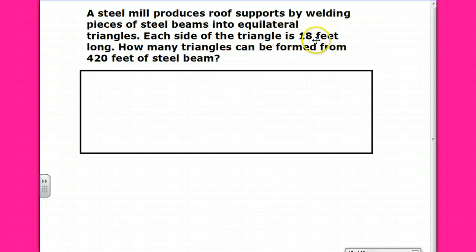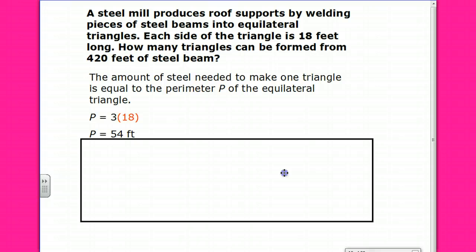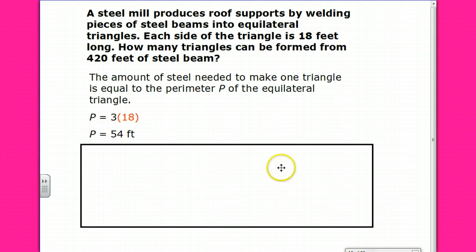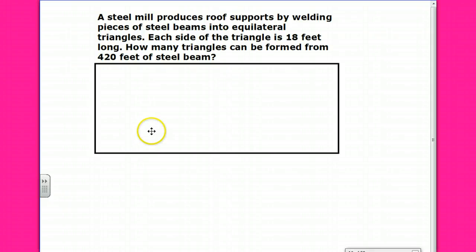All right, so if each side of the triangle is 18 feet long, then how much steel would be needed to form a single triangle, right? That would be 18 times 3, and that is 54 feet. So if we have 420 feet of steel beam, we can simply divide that by 54 feet per triangle, and find the number of triangles.